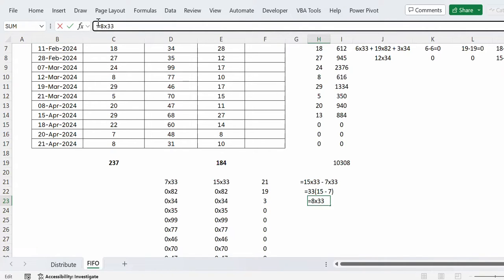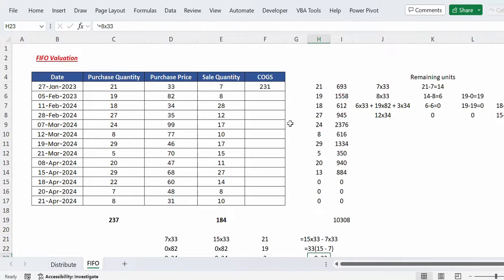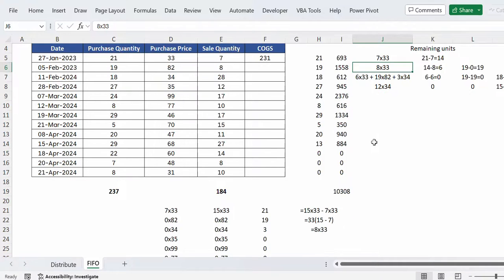This is the result that we will get. So this is the value that we are trying to achieve, right?